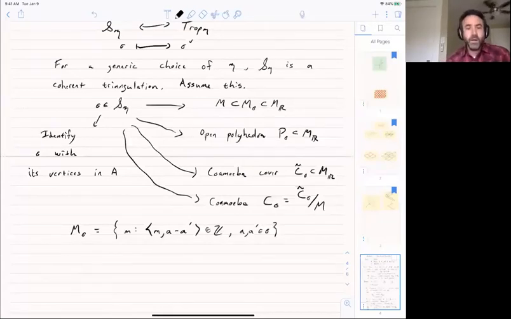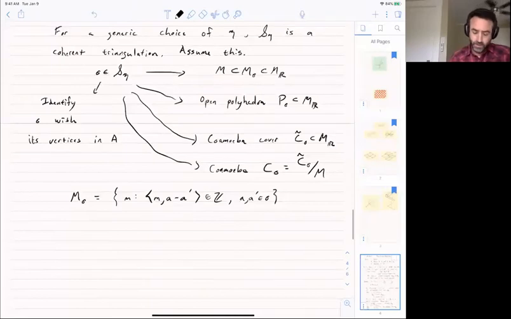Okay. So this gives us a subgroup, and certainly M is contained in this because my elements a were contained in the dual. Good.